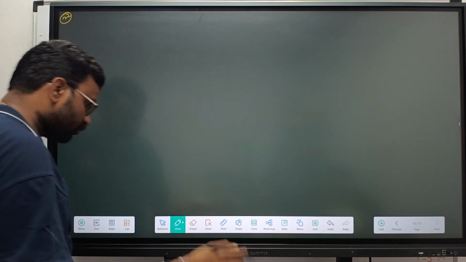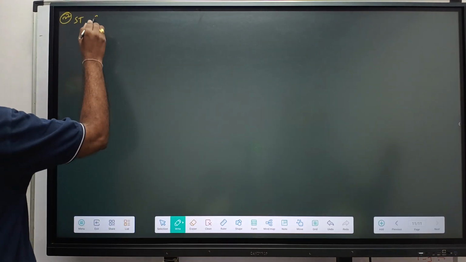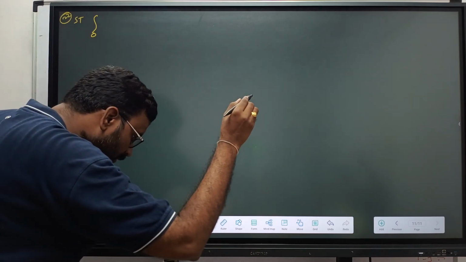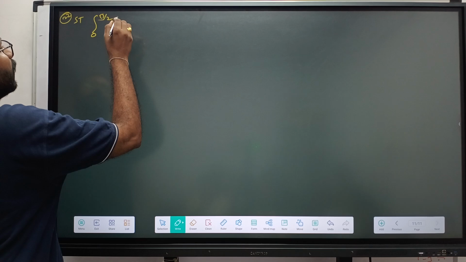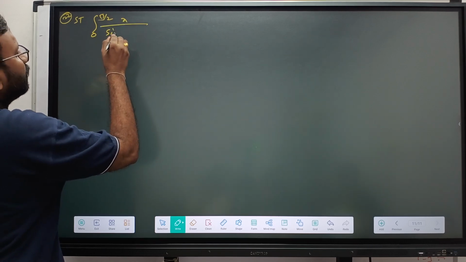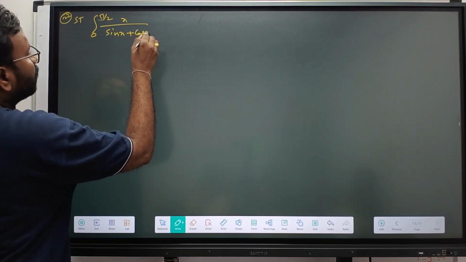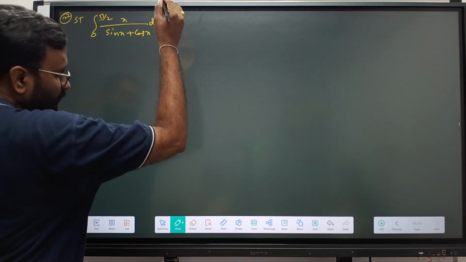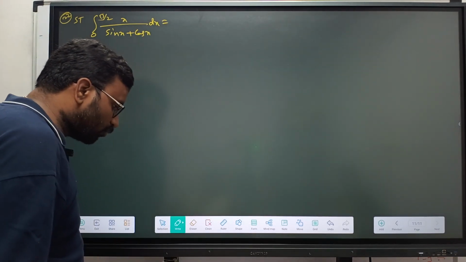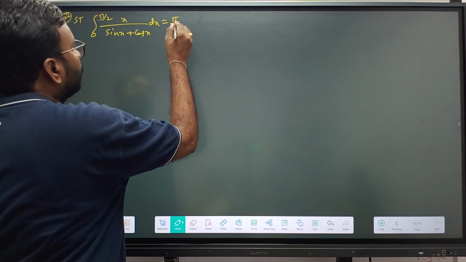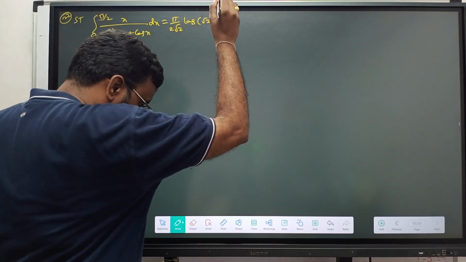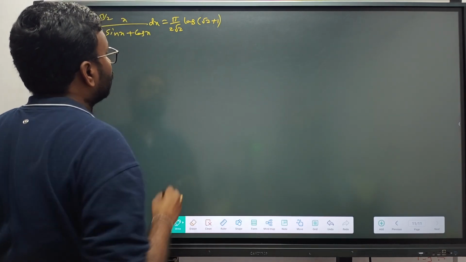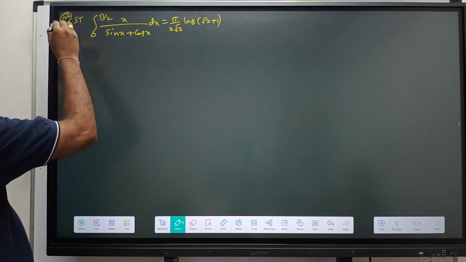Show that integral 0 to pi by 2 of x by sin x plus cos x dx is equal to pi by 2 root 2 log of root 2 plus 1. Yeah, very important long answer this is.